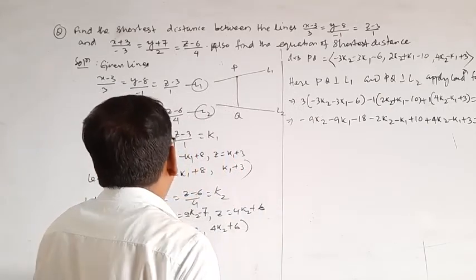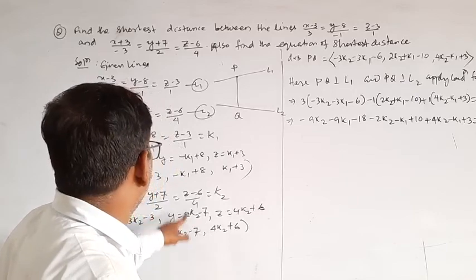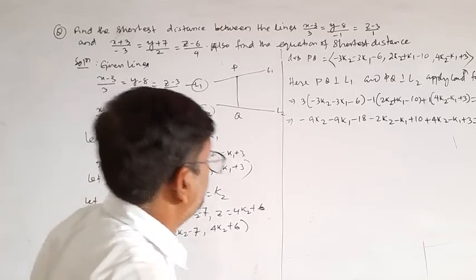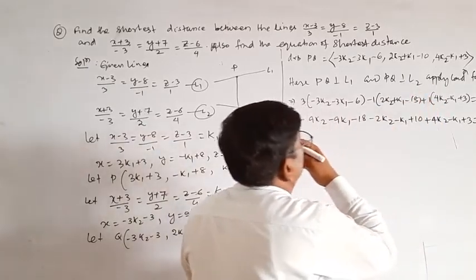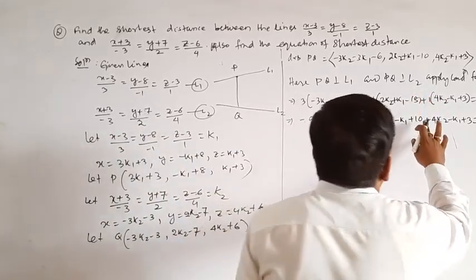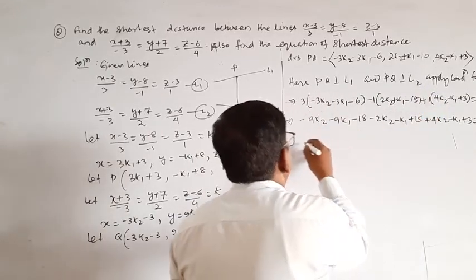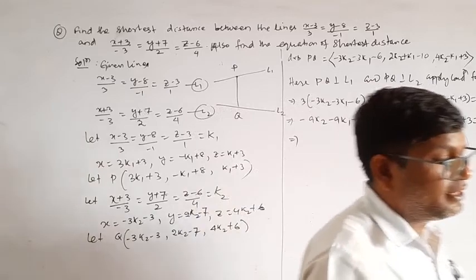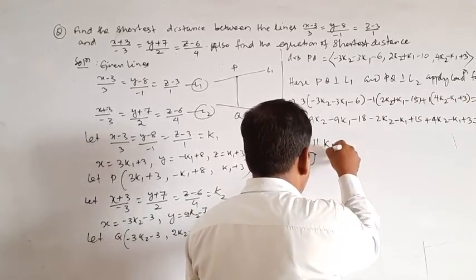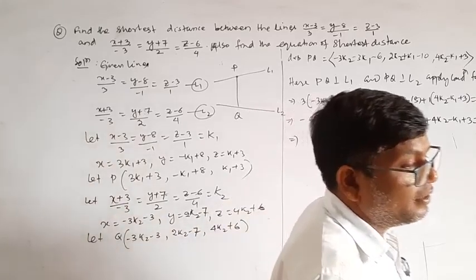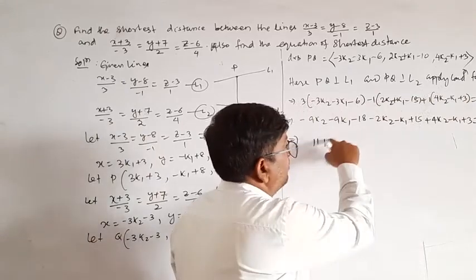Suppose this 2k2 minus k1 minus, this is 15. So this is minus 15. Got it? Minus 15. And this is plus 15. So solving this, we get here 11k1 plus 7k2.